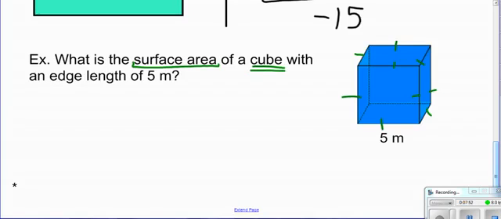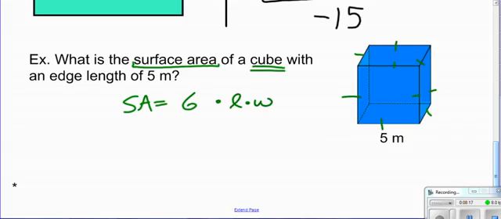Okay, well, surface area is the area of each face added up. In a cube, we know that there are 6 faces because a die goes from numbers 1 to 6. And each face, because it is a cube, will have the same measurement. So we're going to go 6 times length times width.